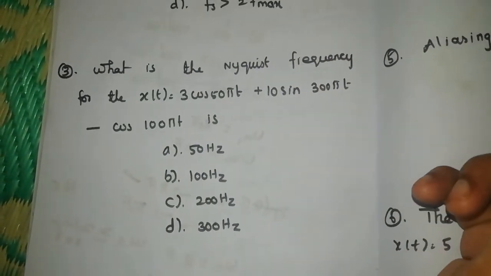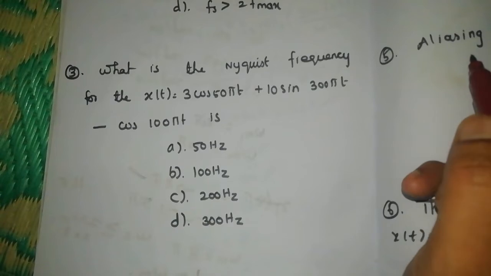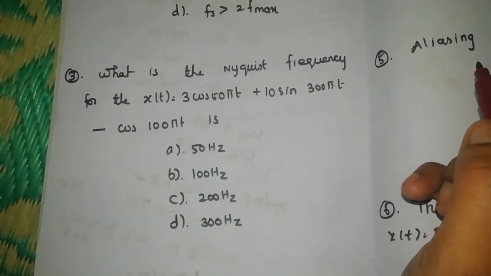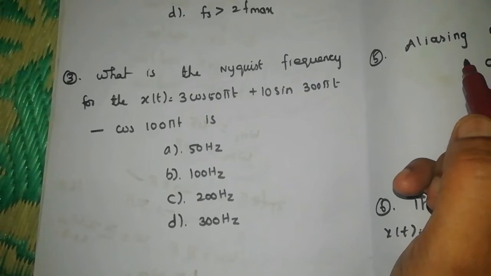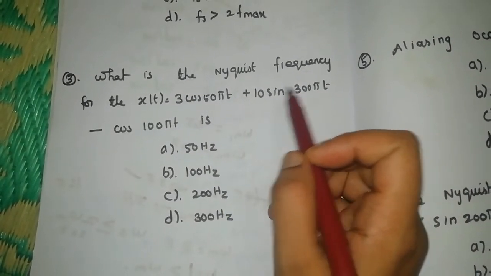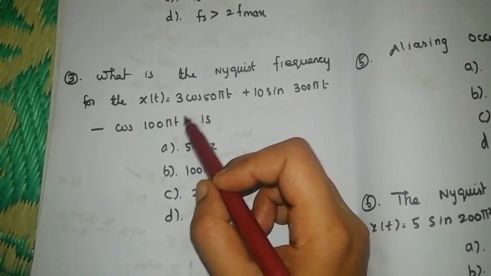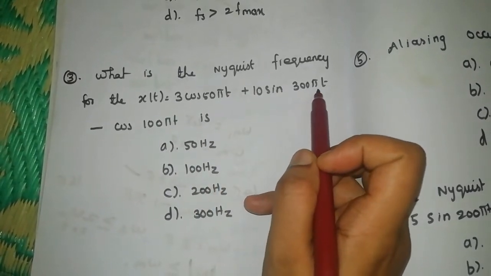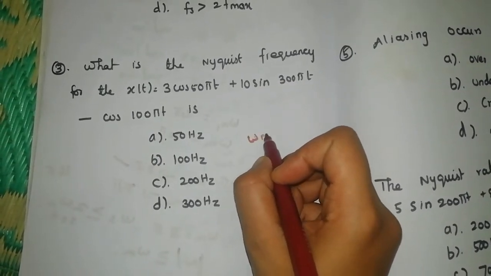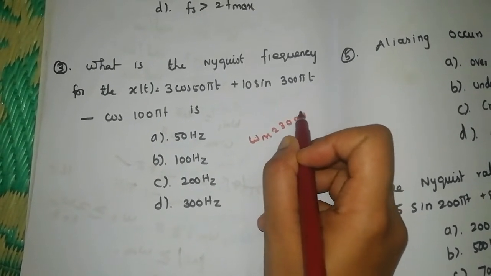What is the Nyquist frequency of the signal x of t is equal to 2 cos 50 pi t plus 10 sin 300 pi t minus cos 100 pi t? We have to pick the highest frequency among these three signals. Here this is 300 pi, so omega m is equal to 300 pi.